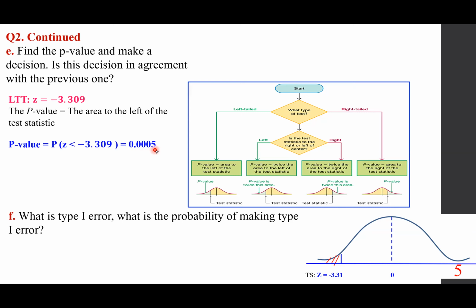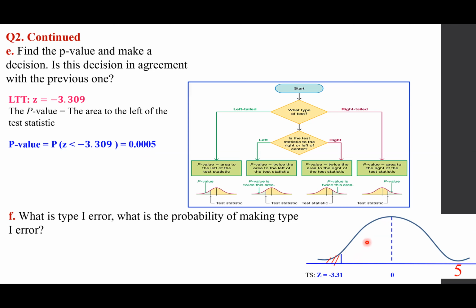Now, in the case of a critical value, we compare two numbers, the critical value to the test statistic. In the case of a p-value, we compare two areas. This represents an area. If it's less than alpha, you reject the null hypothesis because it puts you in the rejection region. I hope you recall that alpha was here.